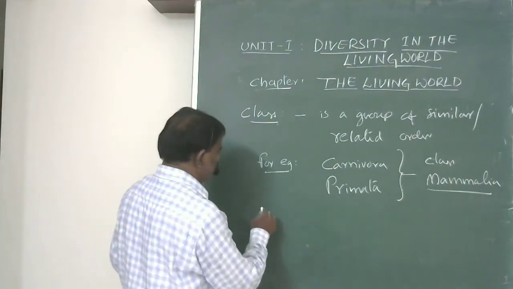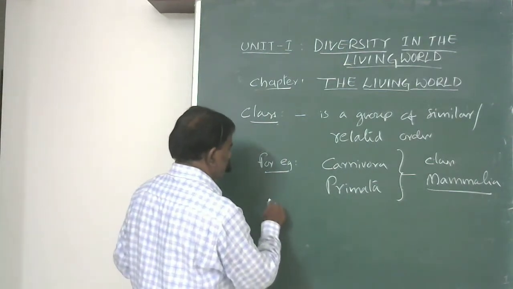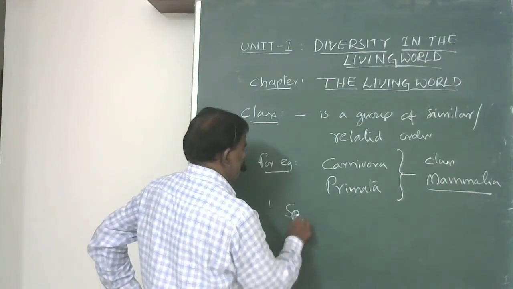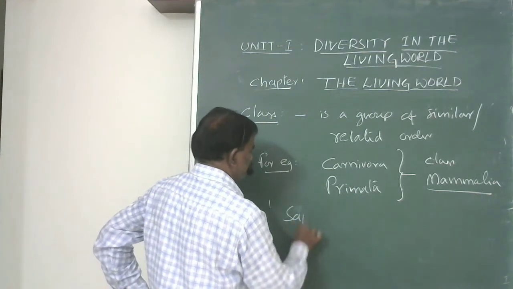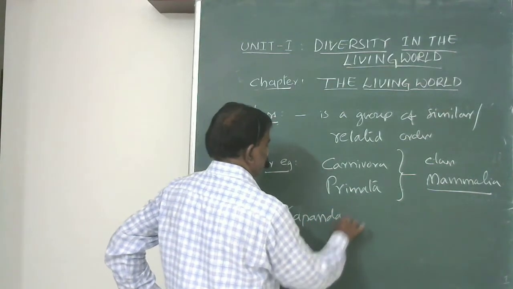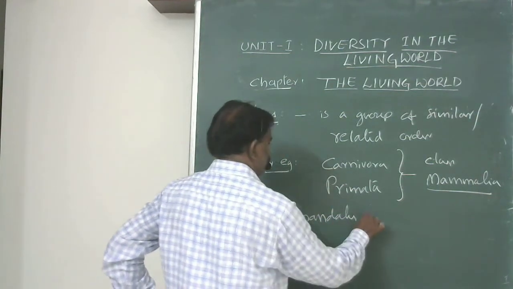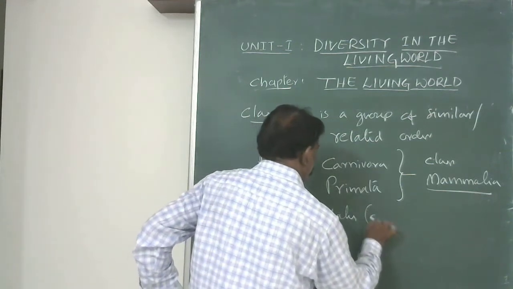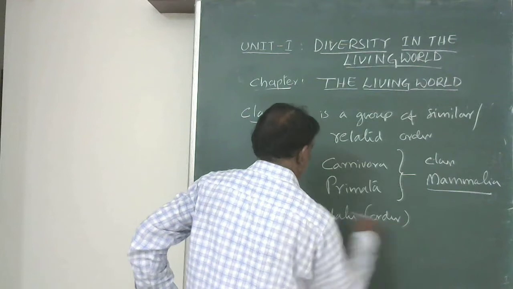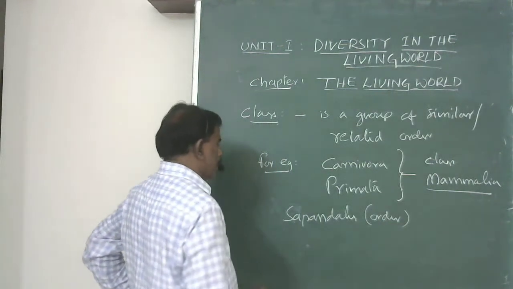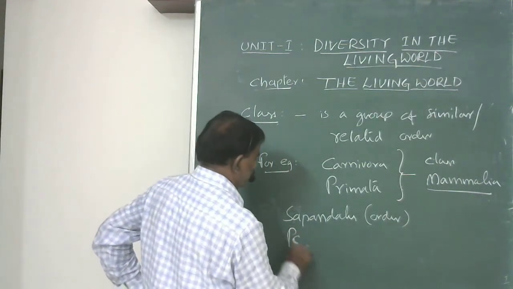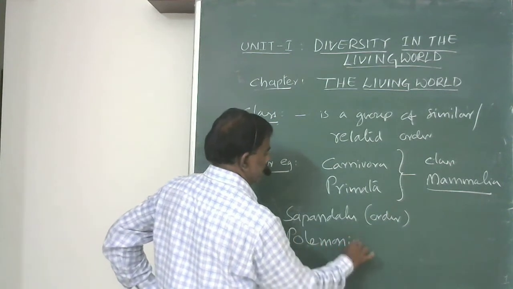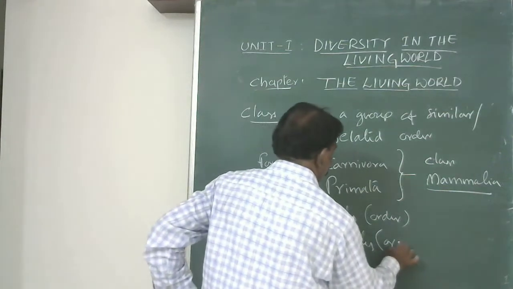Like that, one more plant example. Sapindales, that is the order of mango, the mango family. And Polemoniales is another order.